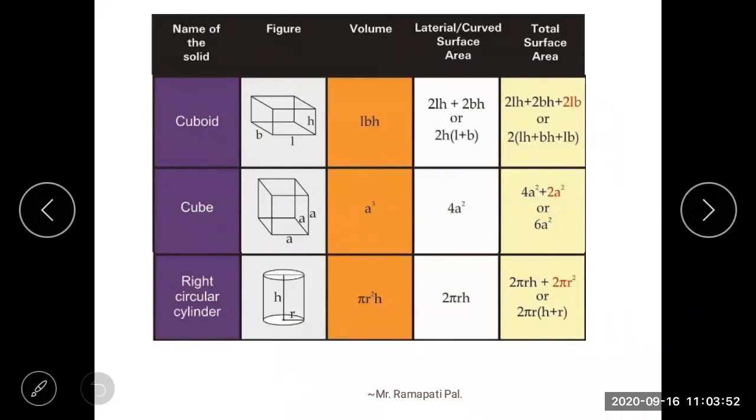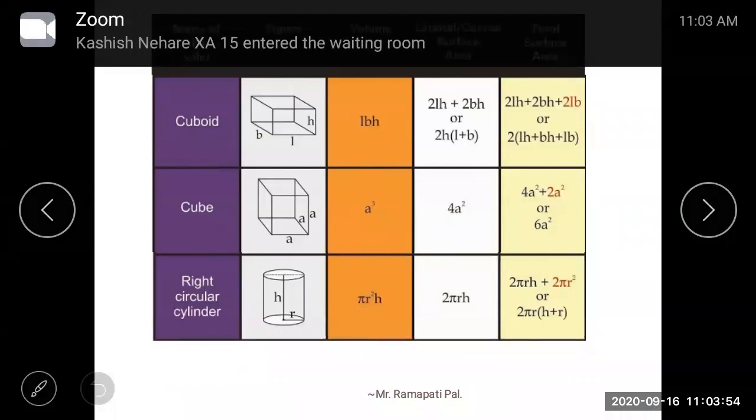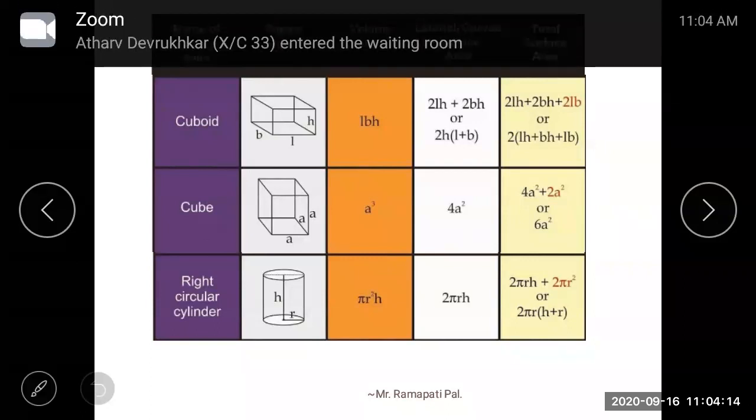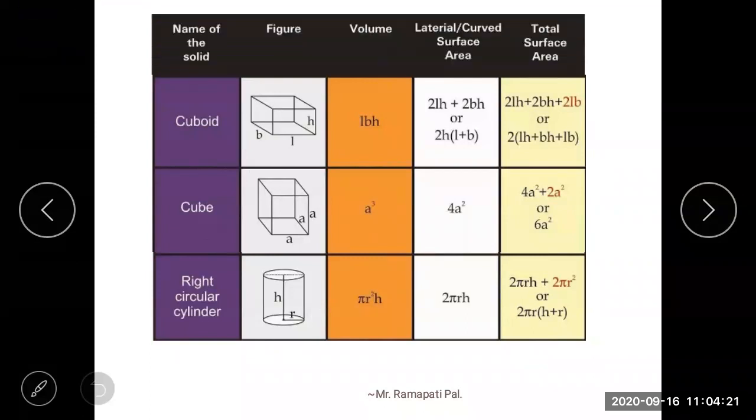Now, total surface area. What will be the total surface area? Curved surface area plus the area of two circles. We know the area of a circle is pi r square.